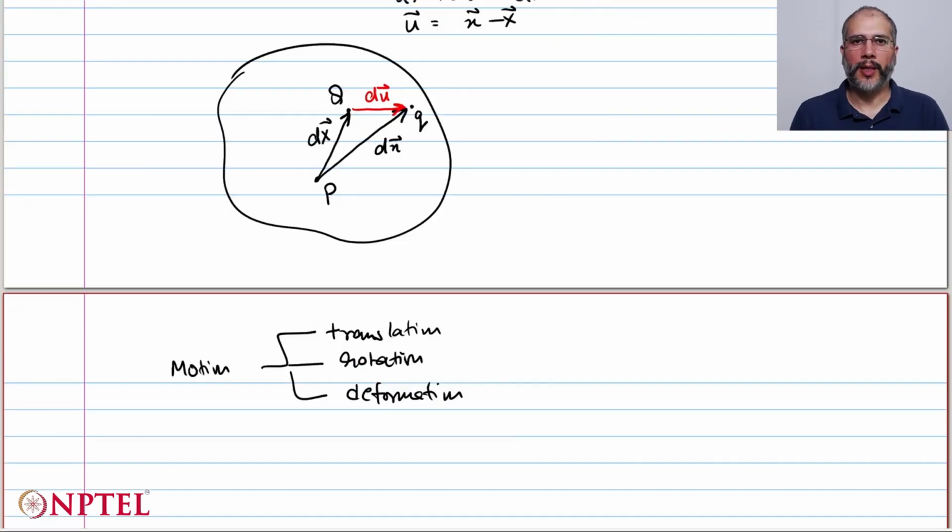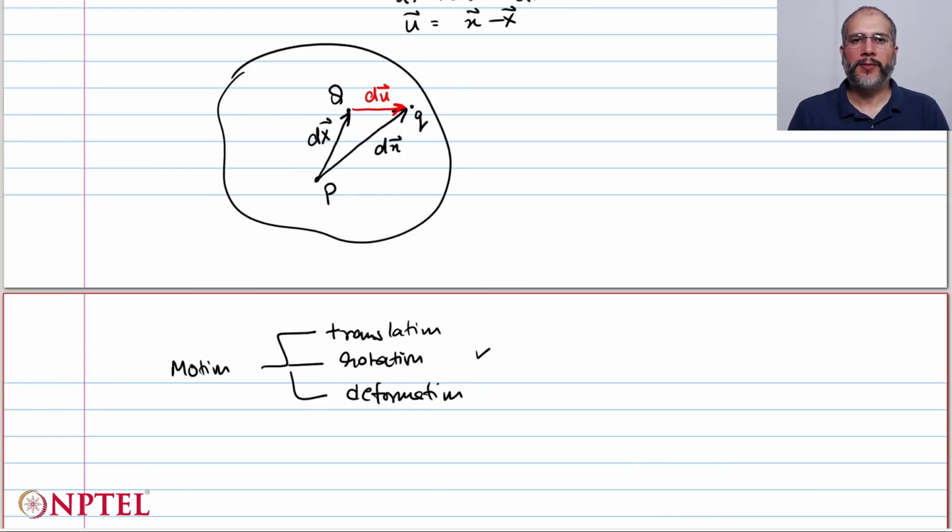Now motion can be characterized as a translation, a rotation, and a deformation. And deformation includes both stretching and shearing. So our interest today will be in rotation. But for that, we'll have to link the idea of a differential displacement, which is resulting due to a pure rotation.